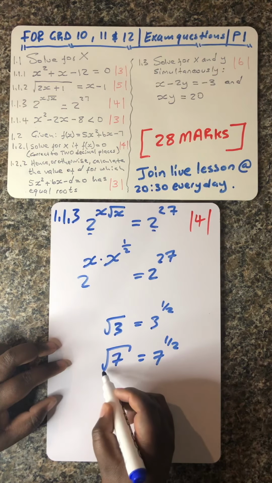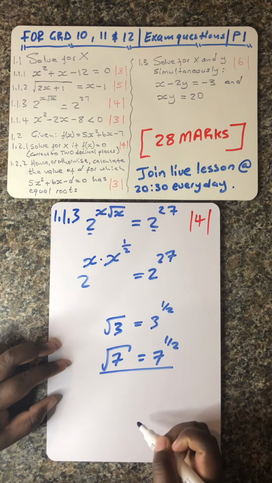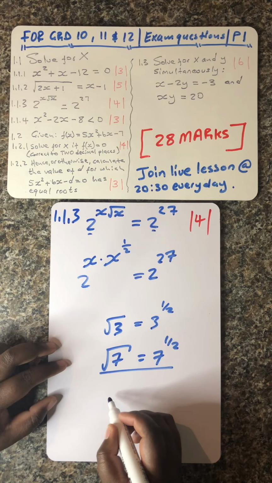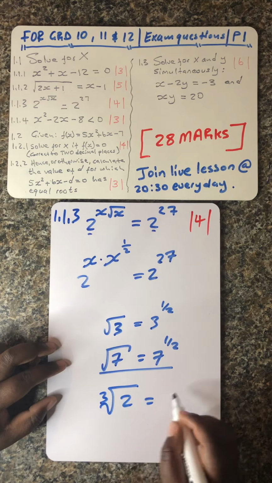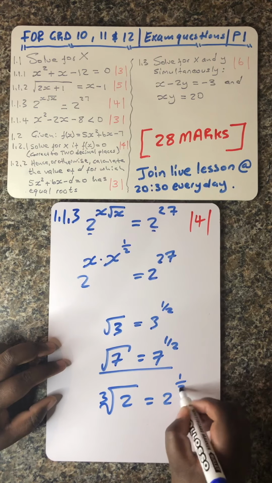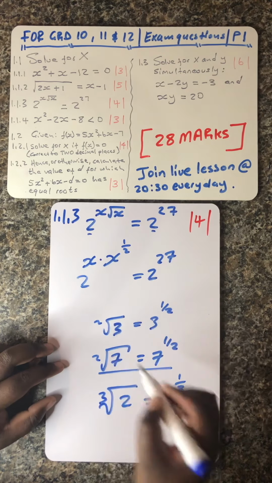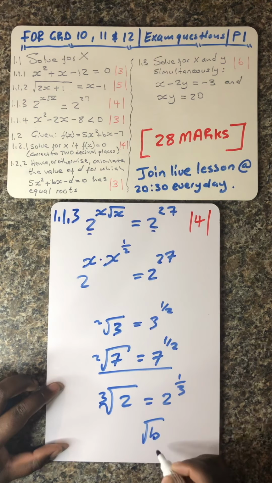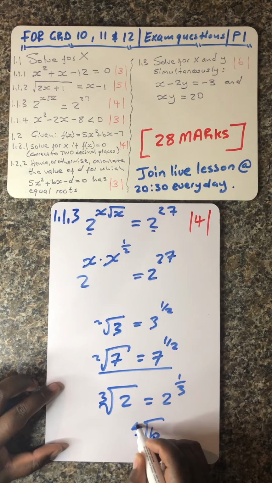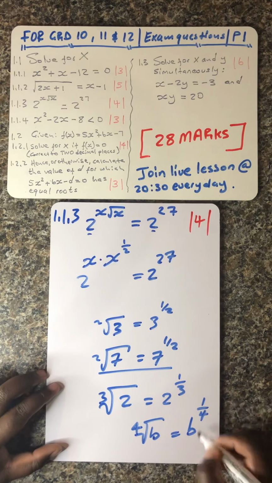It's one and the same thing. If you've got, for example, cube root of 2, this is the same as 2 to the exponent 1 over 3. It's more like there's a 2 there which is not written. If you've got the fourth root of b, this is the same as b to the exponent 1 over 4.